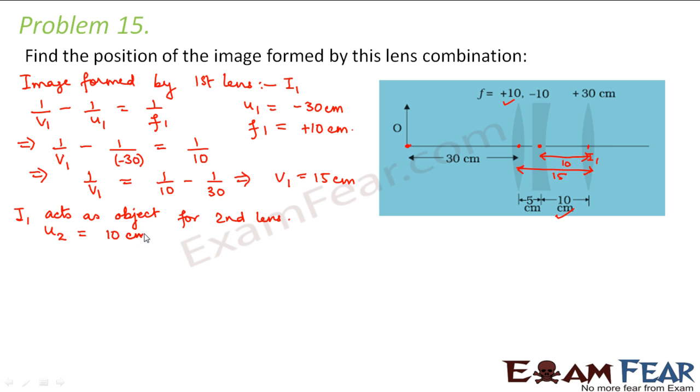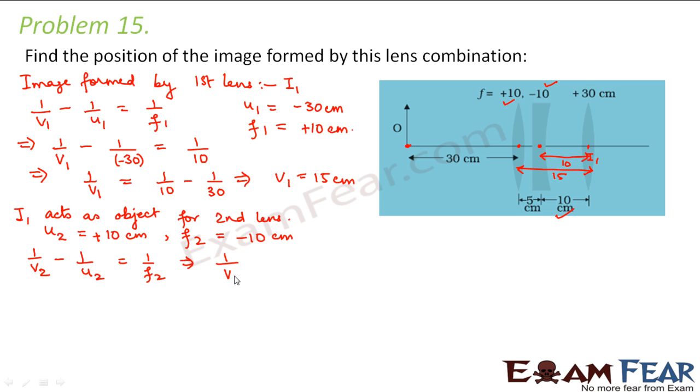Therefore, U2 is equal to 10 centimeters, and since the object is on the right hand side, this would be positive. And what about the focal length of the second lens? That is given as minus 10. Again, applying the same thin lens formula, 1 by V2 minus 1 by U2 is equal to 1 by F2.